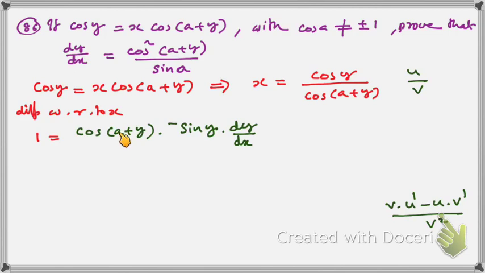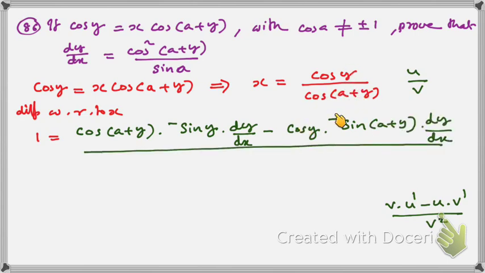Then minus u, cos y, into the derivative of the denominator v dash. The derivative of cos of a plus y is minus sin of a plus y into the inner derivative. A will be 0, so I don't write it, and plus y becomes dy by dx.